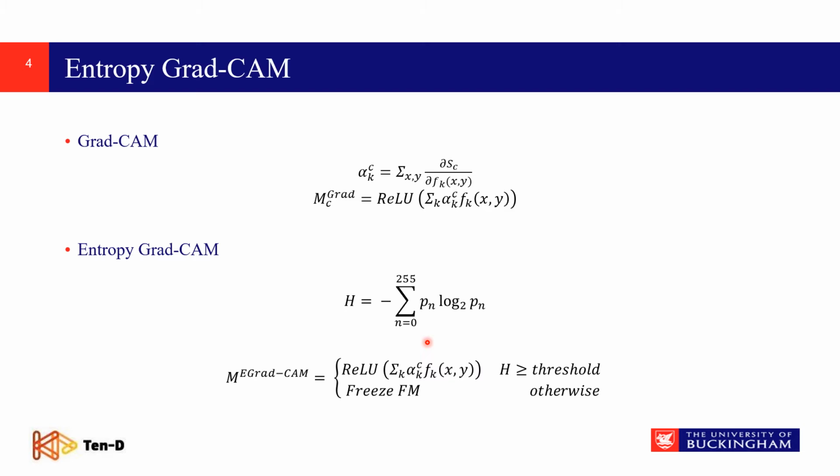In fact, the feature map elements were normalized between 0 and 255, and then the entropy of these feature maps is calculated, and feature maps with entropy higher than 0 or any predefined threshold will be aggregated, and then we use those feature maps for the final visualization heat map.